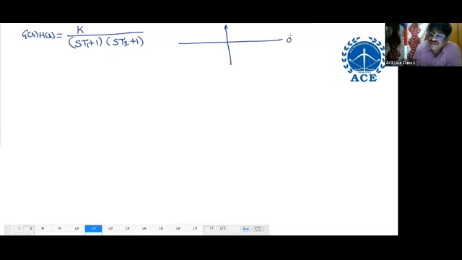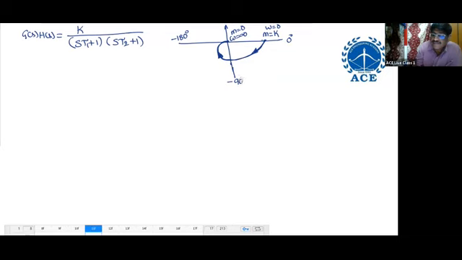It starts at 0 degrees. At ω equal to 0, what is the magnitude? K. Where does it end? At minus 180 degrees. If you draw the plot, you will get the plot like this. This is the direction. At ω equal to infinity, magnitude is 0.